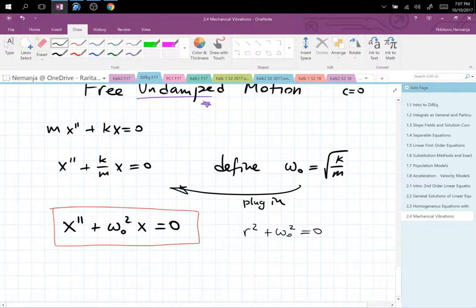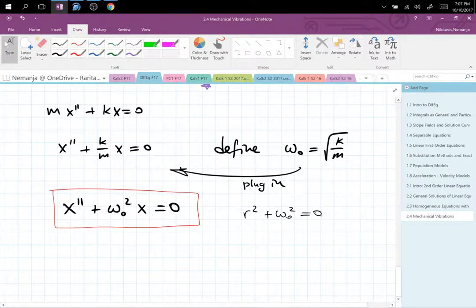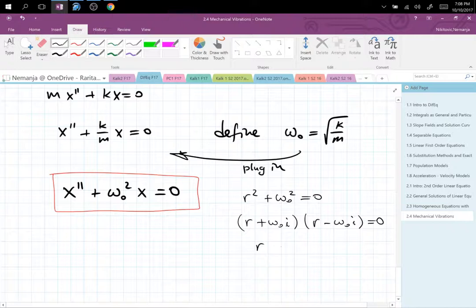Now with this characteristic equation, you get your solutions: r plus omega 0 i, r minus omega 0 i equal to 0. And you see that you have a complex conjugate pair.